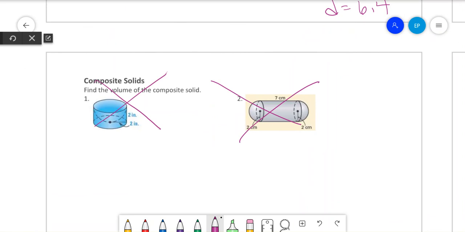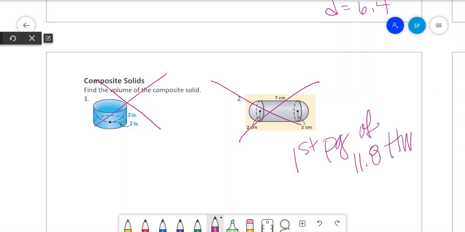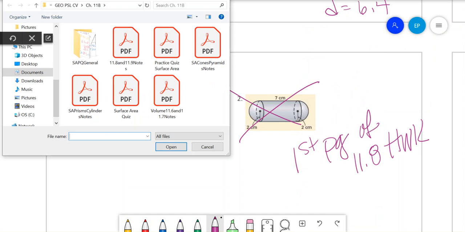I am going to let you know on your homework, the only thing you need to do is the first page of 11.8 homework sheet.